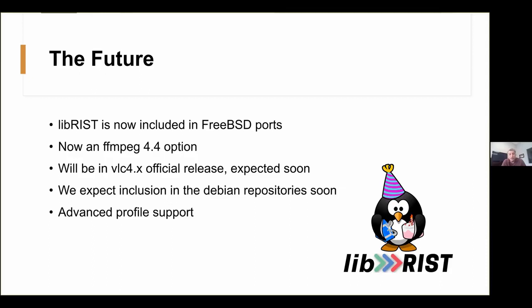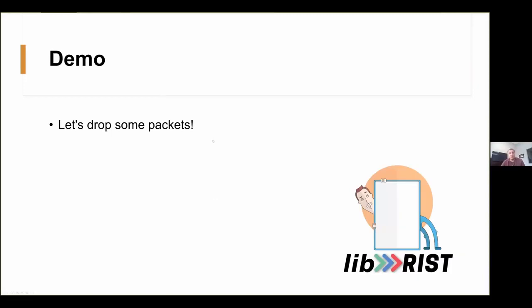We're in the final stages of committing support for VLC 4.0, whenever that will be released, which can be much longer. And we're awaiting word, but we expect to be included also in the Debian repos. We're definitely coming along well. So now let's go ahead and move to our demo portion.